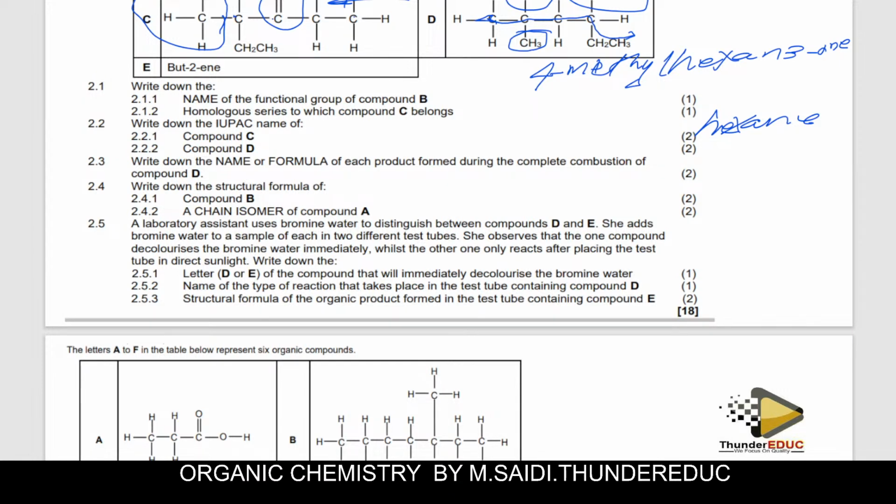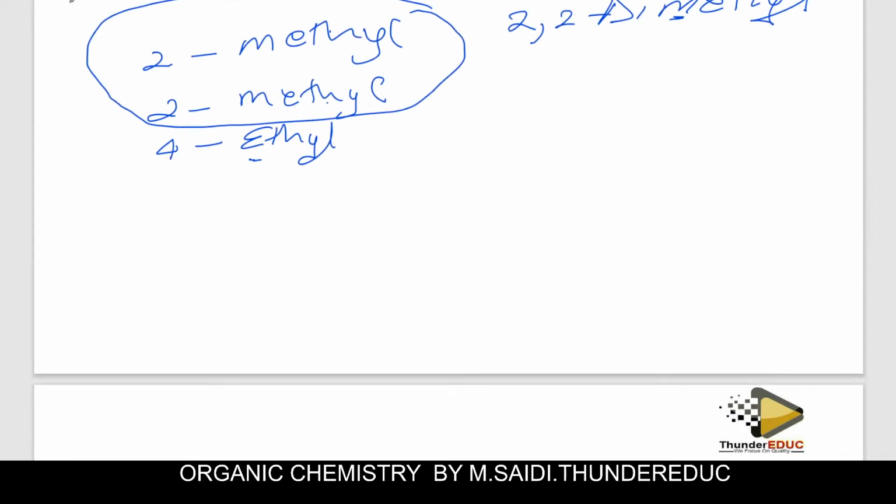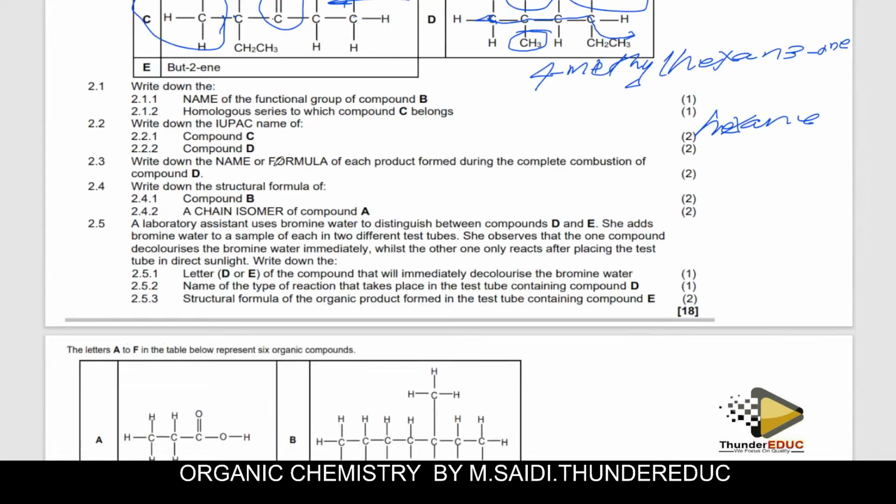When you talk about combustion, when you are burning a hydrocarbon, oxygen must be in excess so that complete combustion can take place, or otherwise you end up forming carbon monoxide, which is a very bad thing in the environment.